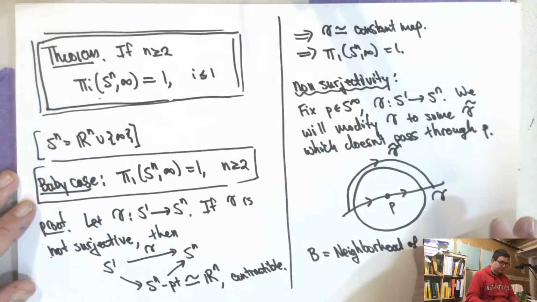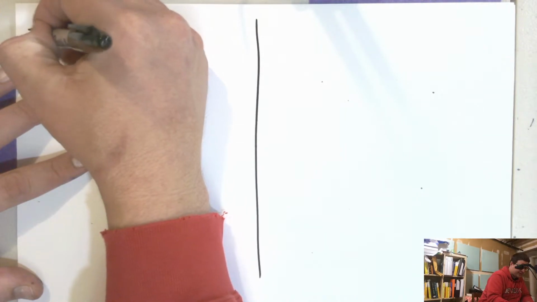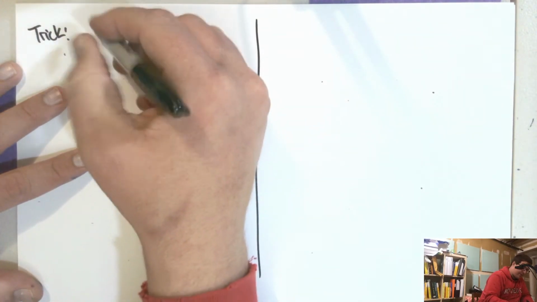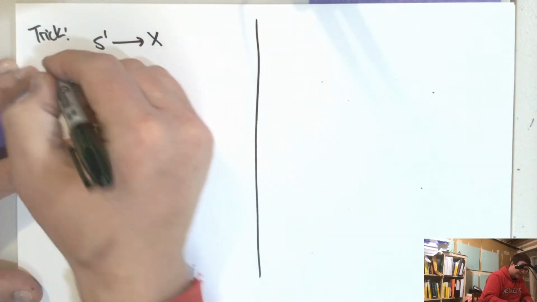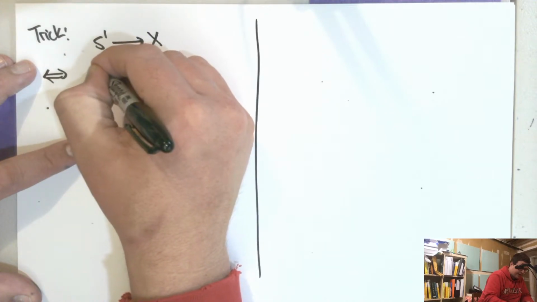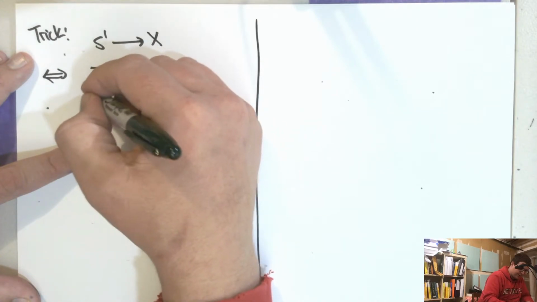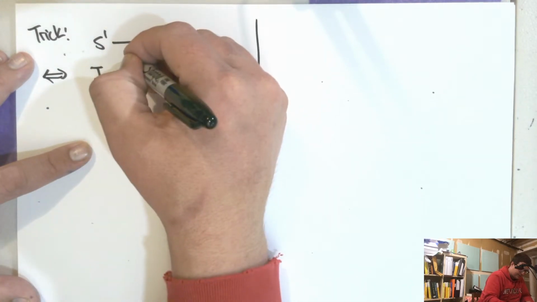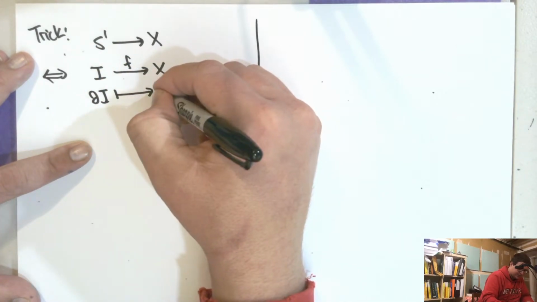So why is this possible? B is an open neighborhood, and so by continuity, maybe this is a trick: a map from S^1 to X is the same thing as a map from I to X where the endpoints of I collapse to some point.